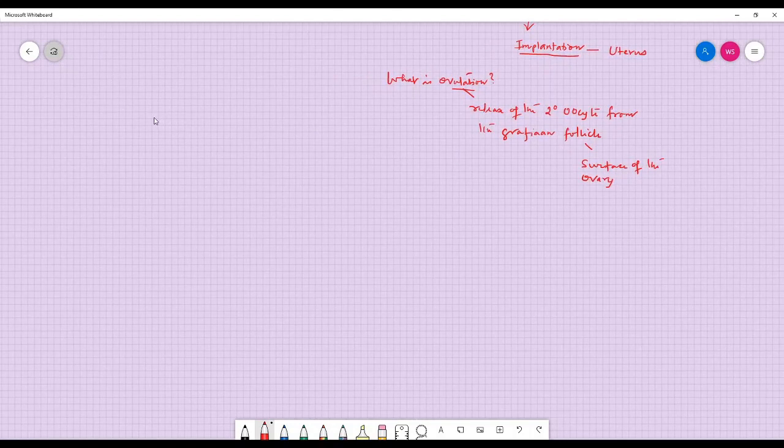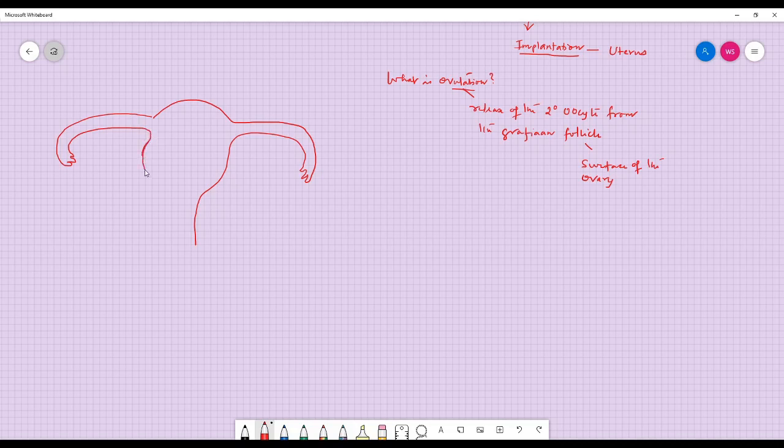So let's look at the diagrammatic representation. This is totally diagrammatic. So I'm trying to depict here the uterus, and somewhere here you'd find the ovary.